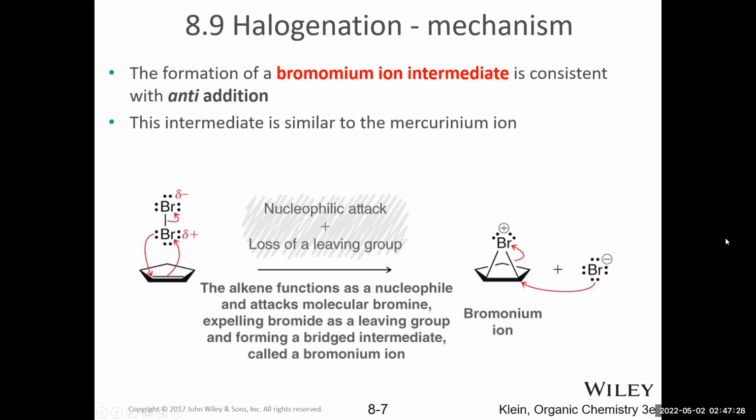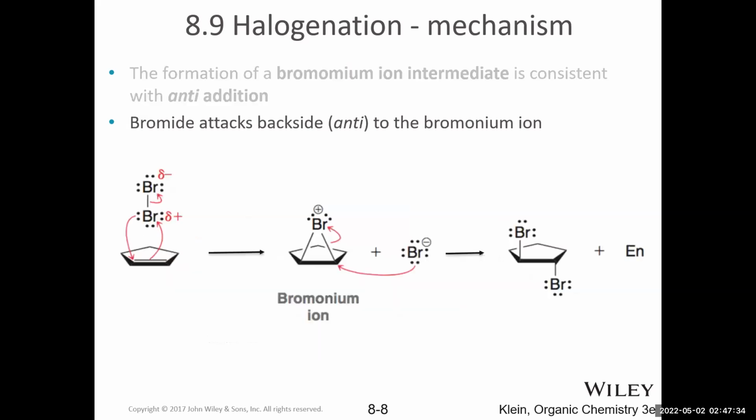So it's actually the carbons attached to the bromine which are getting attacked by the nucleophile, not the bromine itself. So this occurs through an SN2-like mechanism with inversion of stereochemical information at this carbon, resulting in the anti-stereoselectivity.